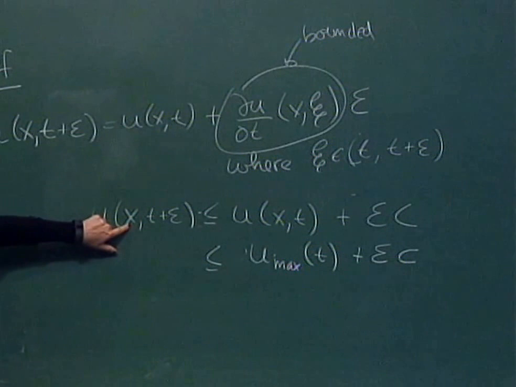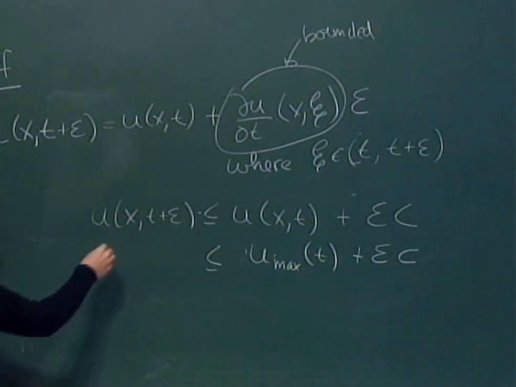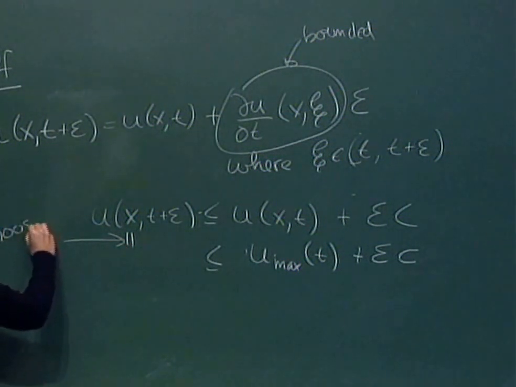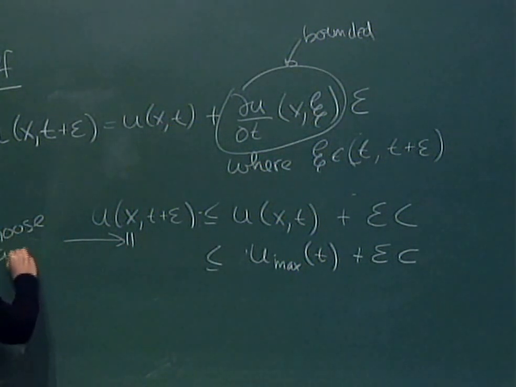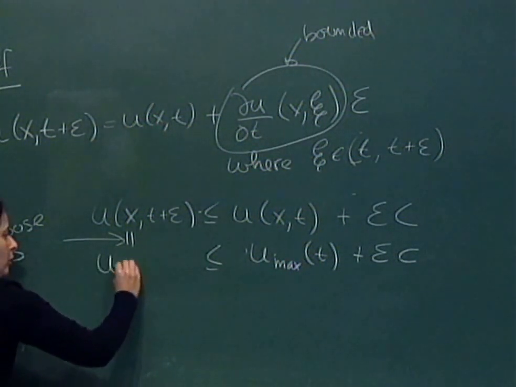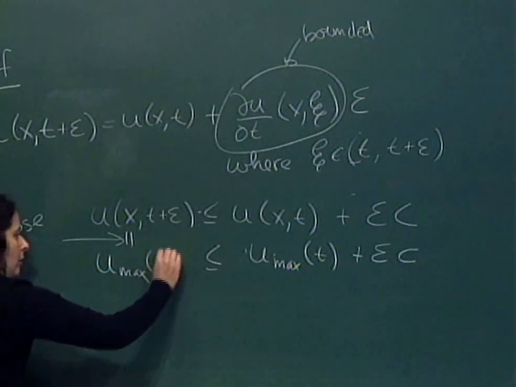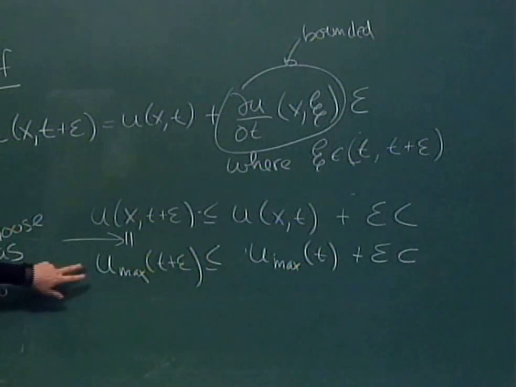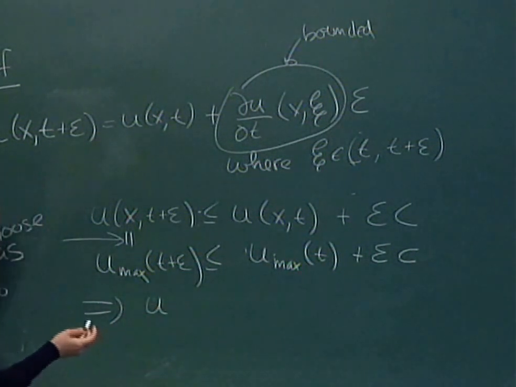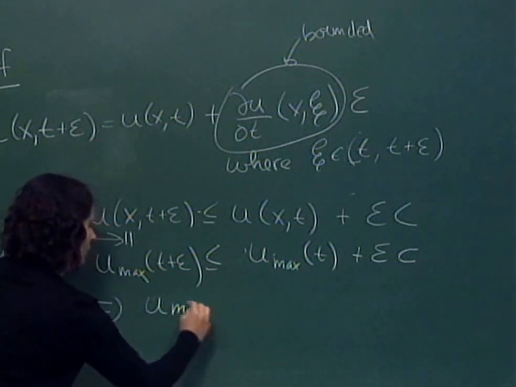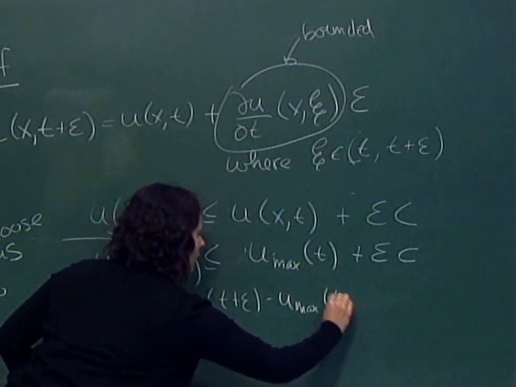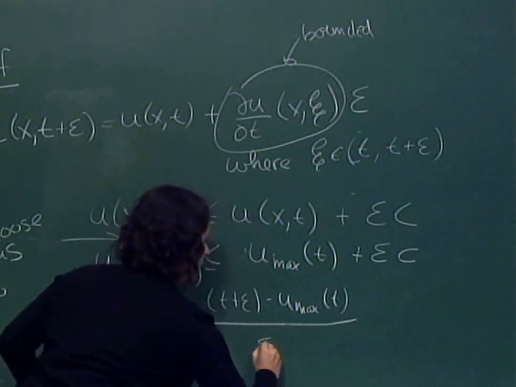So now I can choose the x in a way that this is exactly equal to the max. So here we choose x. So basically what you can see here is that u max of t plus epsilon minus u max of t, divided by epsilon, is bounded.